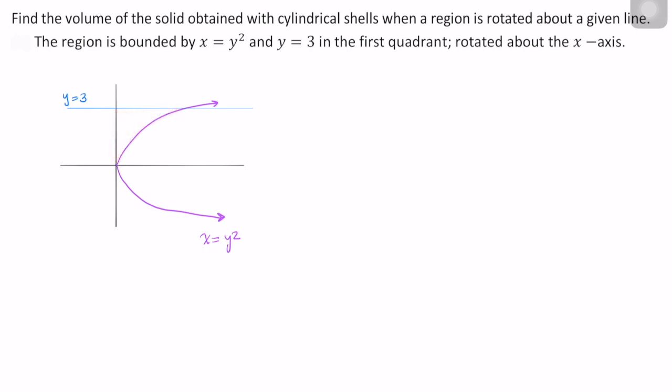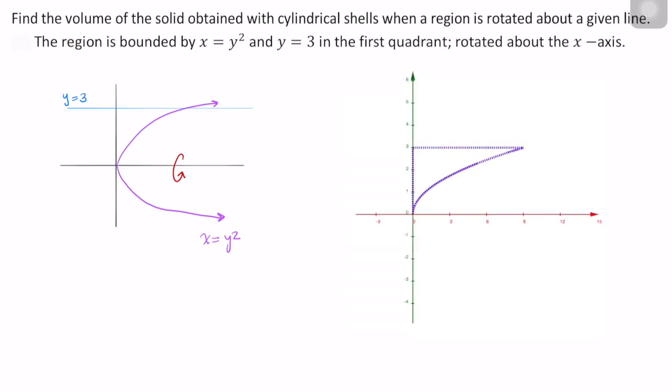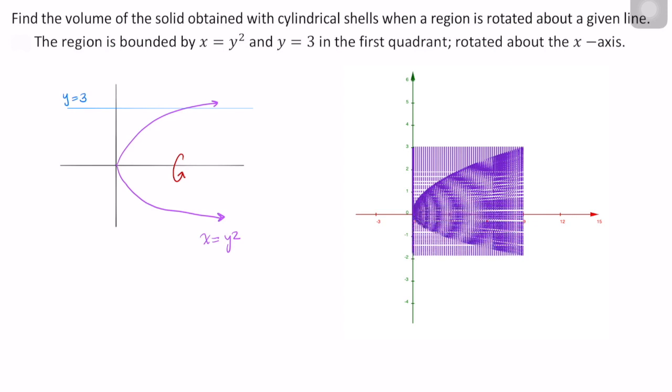Now, as always, it would help to see what this looks like in 3 dimensions when it is rotated about the x-axis. The x-axis is in red, the y-axis is in green, and as you can see here, the whole surface, our region is being rotated about the red x-axis.